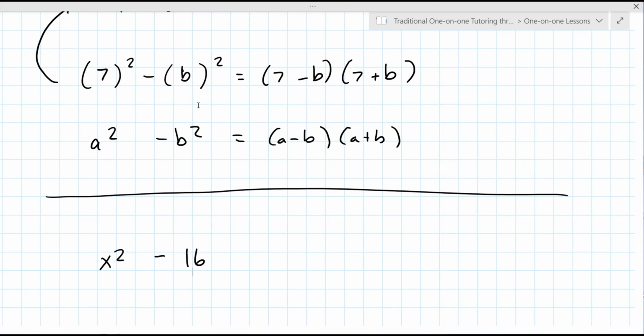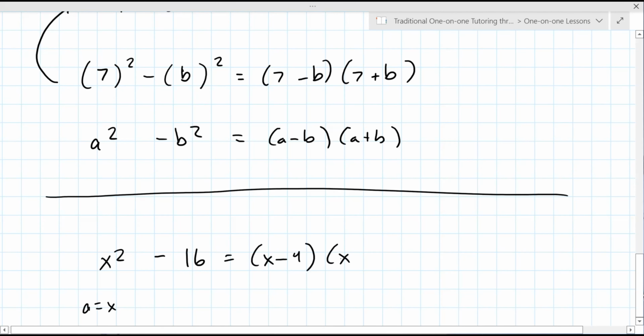Would it be A minus 4, A plus 4? But A is X. Oh, so X minus 4, X plus 4. Yes, very good.